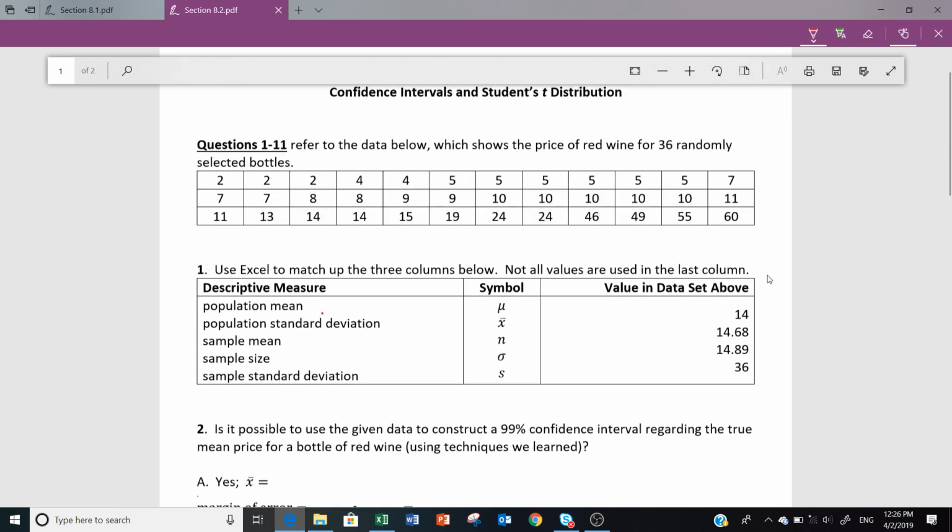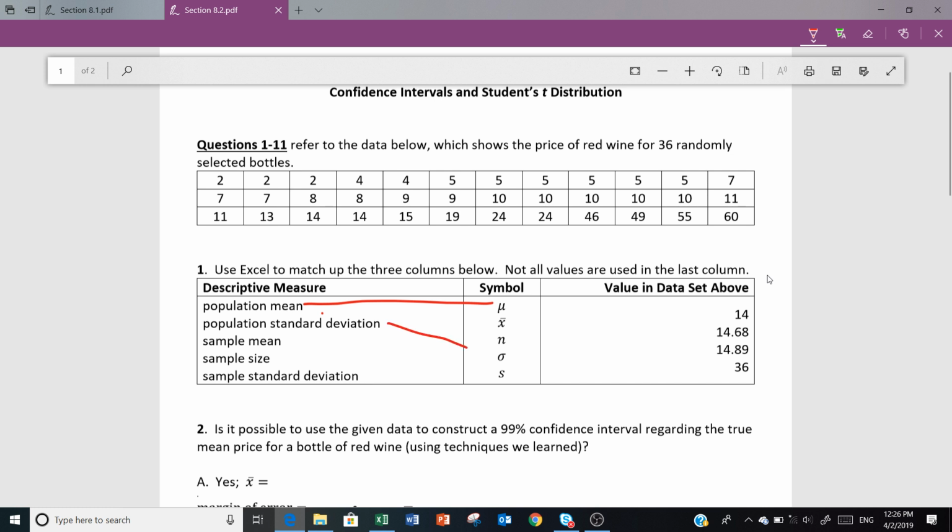We have to remember our symbols. Now, a lot of people get these confused, so I'm gonna give the answer. What's the symbol for population mean? U. So we just put this straight across. What's the symbol for population standard deviation? Sigma.